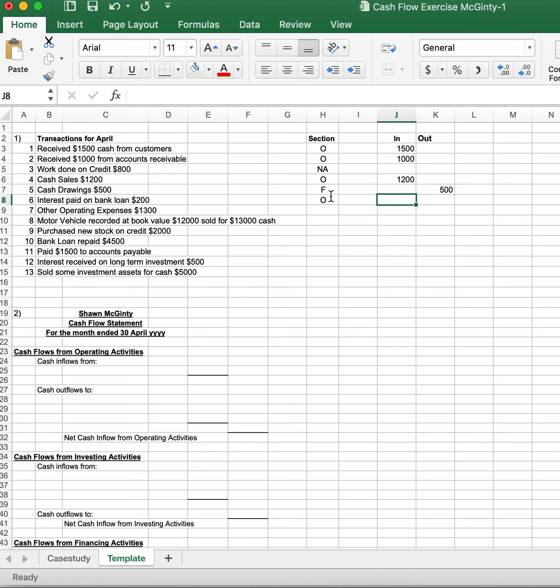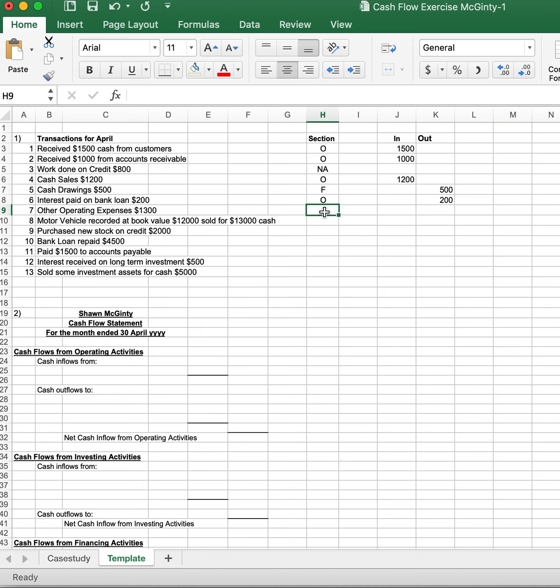So you can choose in that regard. Interest paid on the bank loan, I'm going to call it operational, and it's $200. It's money going out. Just make sure I've got these right. Received, credit not applicable, sales received, drawings going out, interest paid is going out.